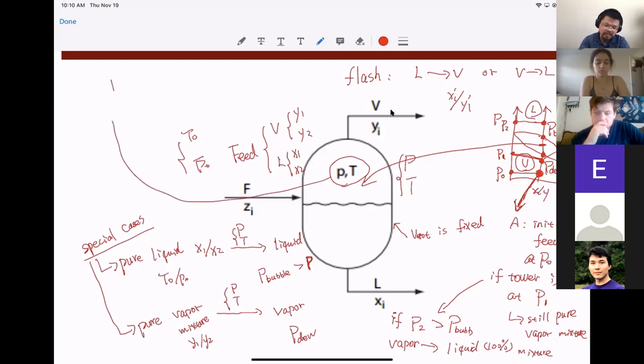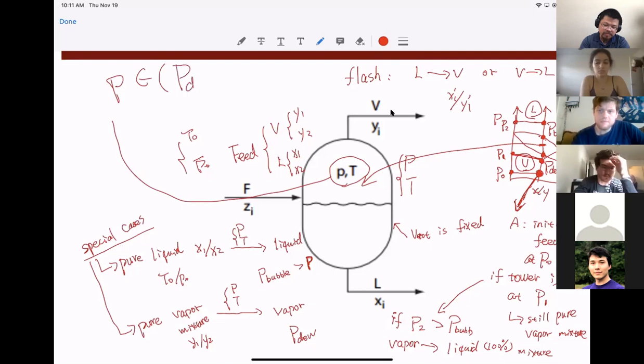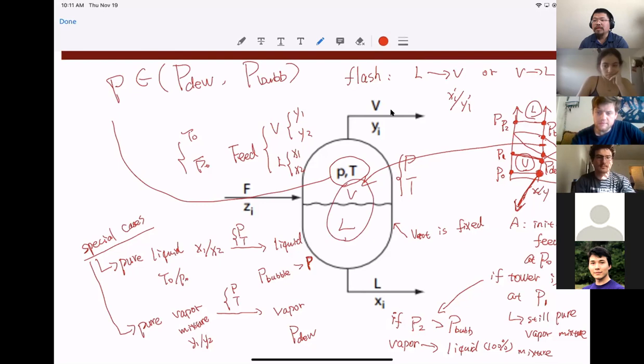So the pressure over there should be greater than the corresponding dew pressure, and smaller than the bubble pressure. If that is the case, then we are going to maintain a liquid and vapor mixture. Is that clear?